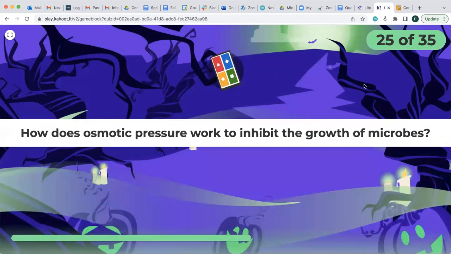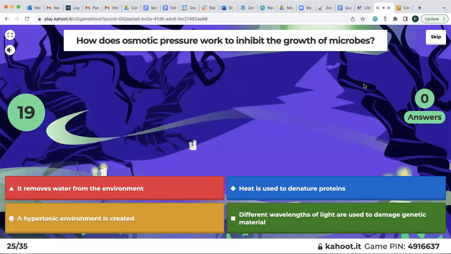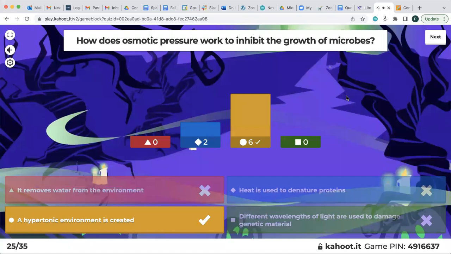All right. How does osmotic pressure work to inhibit the growth of microbes? This one's an interesting one. A hypertonic environment is created. Very good job. So osmotic pressure is just making the environment so that the water wants to flow out of the cell.